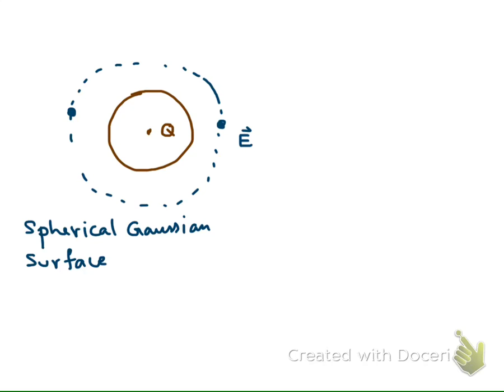That is, we see a sphere, okay, and we see the same charge because the charge is uniformly distributed on this object.